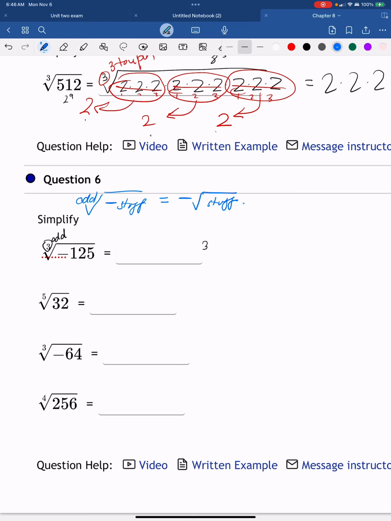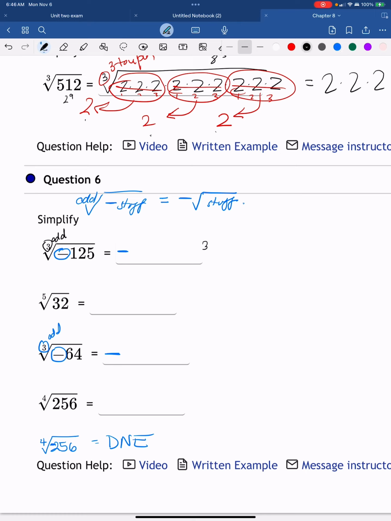So I see that's odd. I see a negative sign. I'm going to put my negative sign right there. Odd, negative sign, put in my negative sign. I would have added a fourth root of negative 256 and had an extra DNE as an option there to refocus and remind you guys of that.